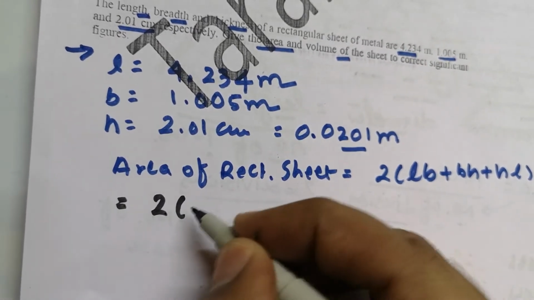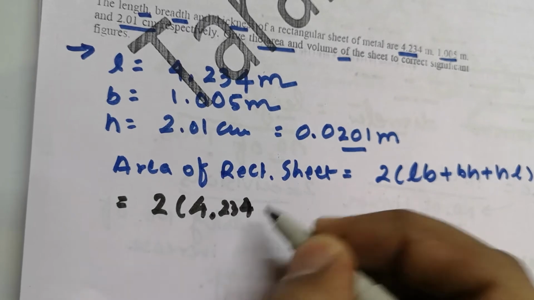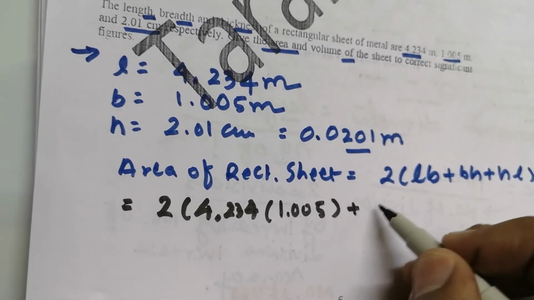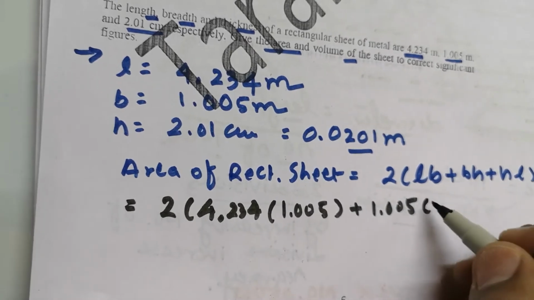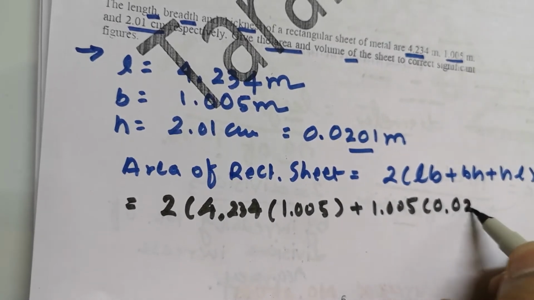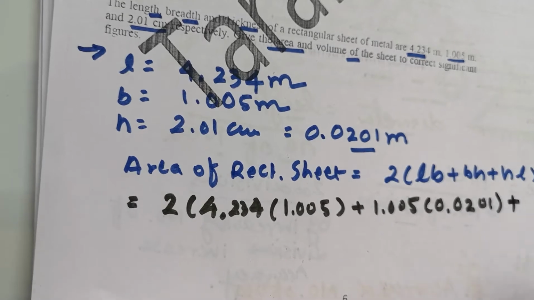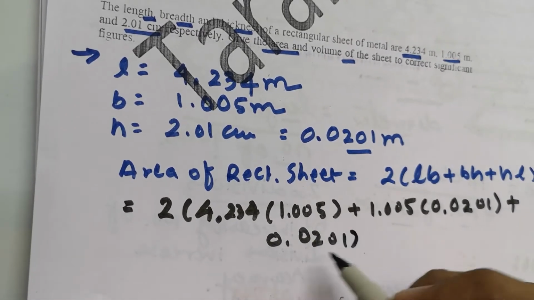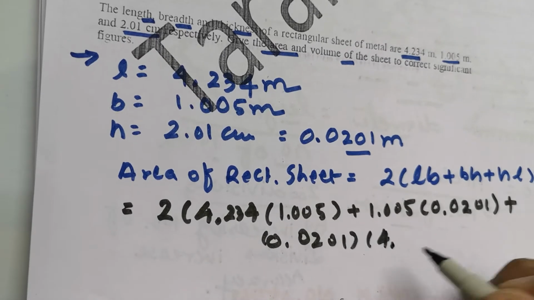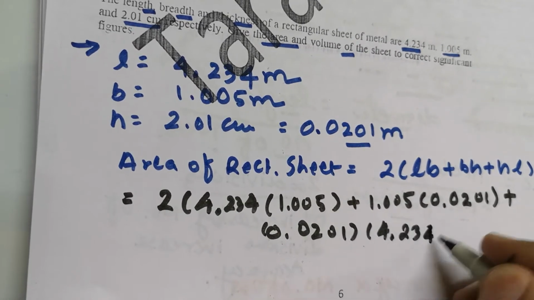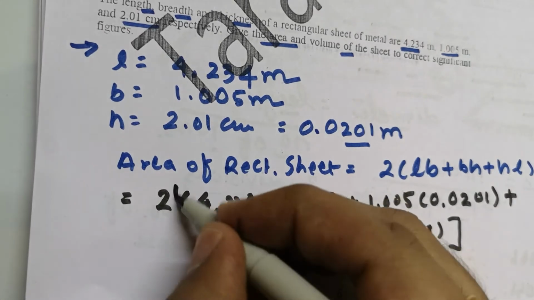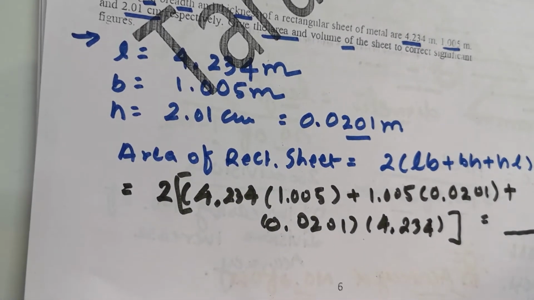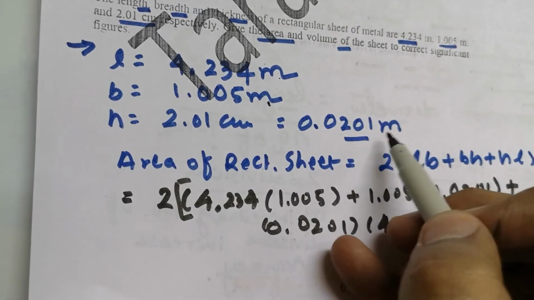So twice of 4.234 into 1.005 plus 1.005 into 0.0201 plus 0.0201 into 4.234. So just calculate it, and you are aware that it is area, so its unit is meter square. All our data has the unit meters.